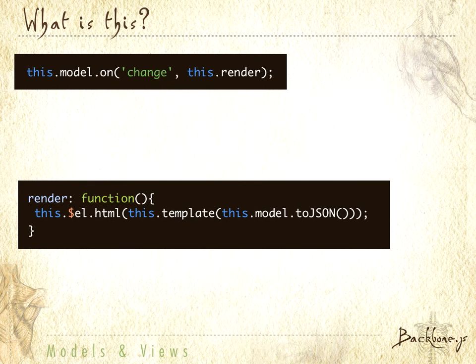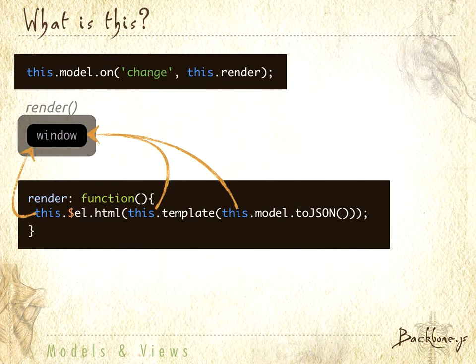And usually this isn't a problem. But because of the way we listen to the change event on the model, when that change event is triggered, the render function is going to be called with the incorrect context. In fact, it's going to be called with the window context, which is the global object. So now in our render function, this will equal window, which is obviously not what we want.